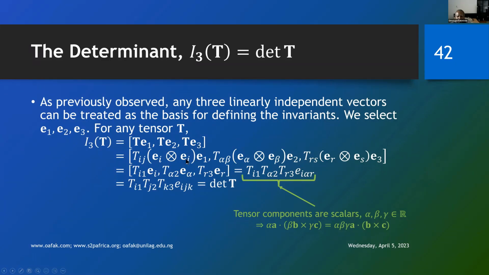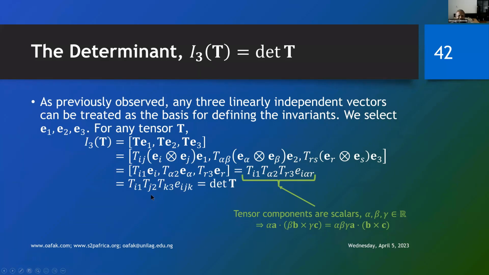If you keep opening one by one, you are going to get these results one by one. And at the end of the day, you have Ti1, Tj2, Tk3, Eijk. And that is also the definition of the determinant of T. In component form, this is what it is.